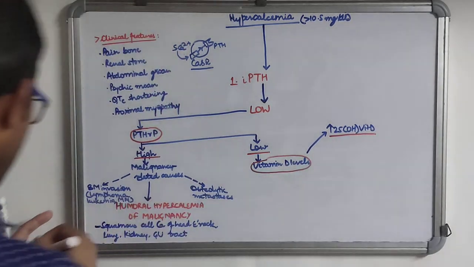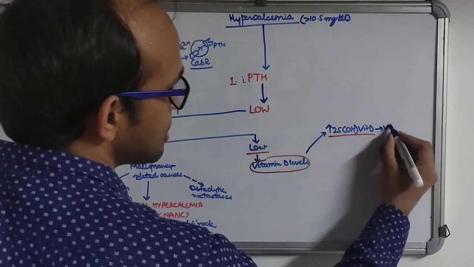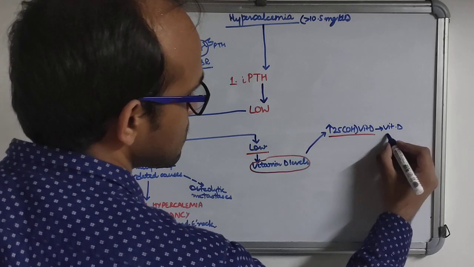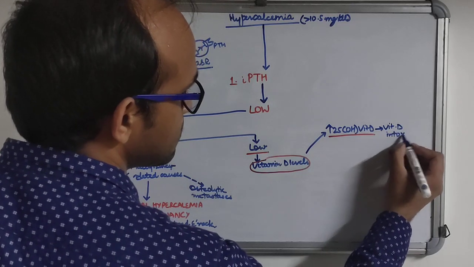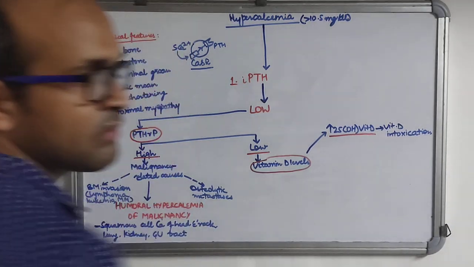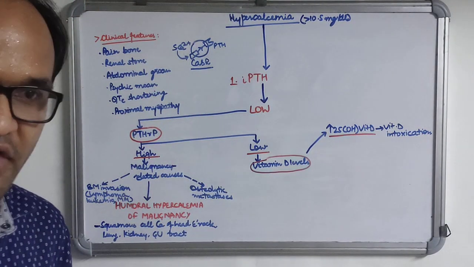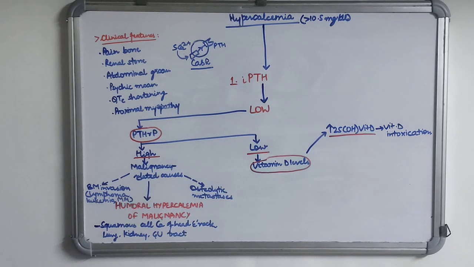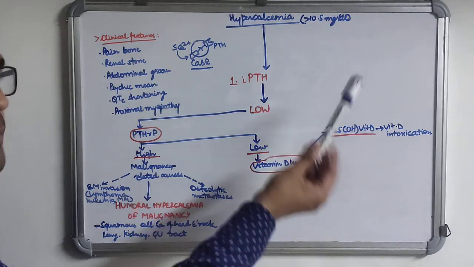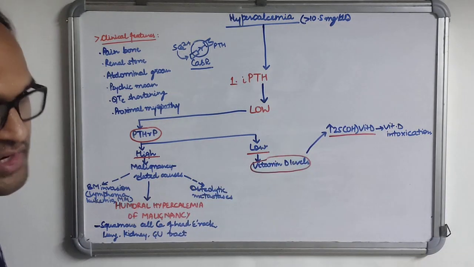That means the patient is having vitamin D intoxication. Usually vitamin D intoxication responds to discontinuation of vitamin D, proper hydration, and if required, you can add glucocorticoids to this patient.